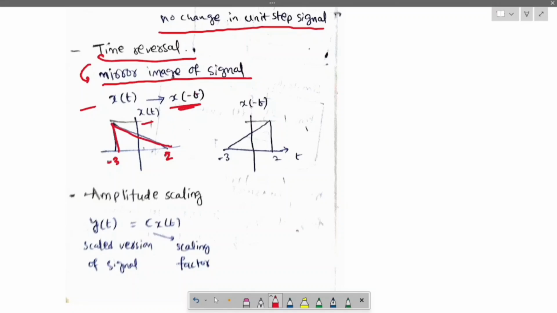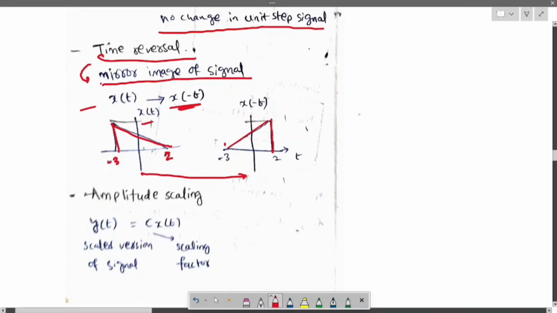If you apply x of minus t, the plotted graph will change to like this, from minus 3 to 2 in this manner. Okay, this is how the time reversal property will be. For better understanding, let us take one example.